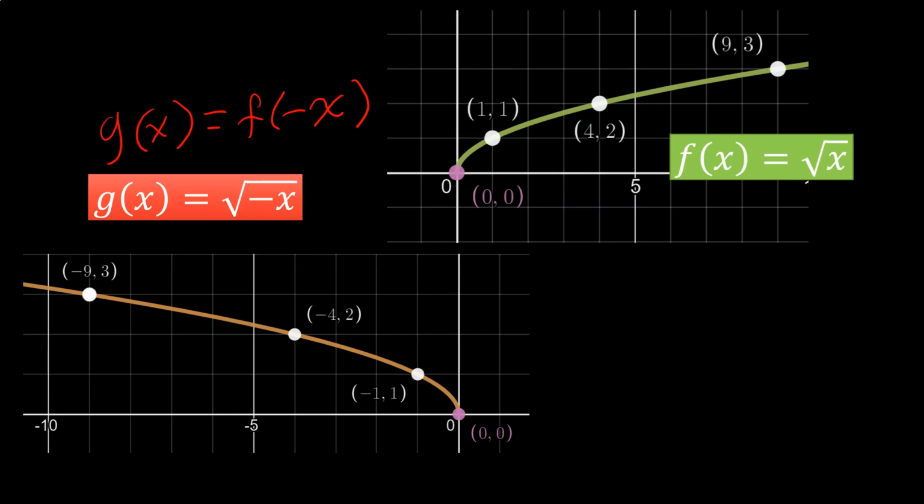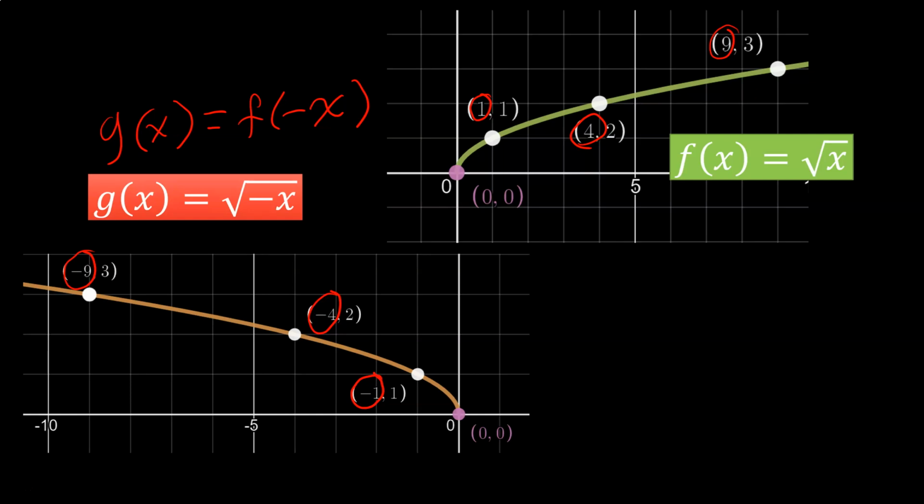So how is this going to change the graph? Well, the x value got changed. The x value got rotated to the other side, meaning instead of 1, 1, we have negative 1, 1. Instead of 4, 2, we have negative 4, 2. Instead of 9, 3, we have negative 9, 3, meaning the x value is the opposite. It's on the other side.